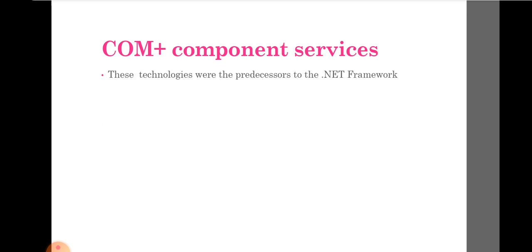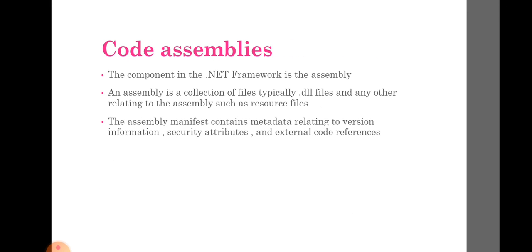Assembly is nothing but a collection of files which are typically named as .dll files and which relate to the assembly, such as resource files. Assemblies act as resource files which we can utilize for our web .NET applications.